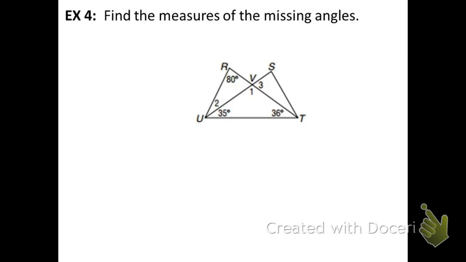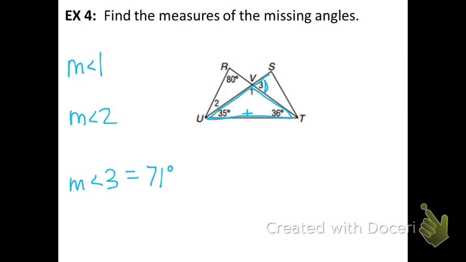It says find the measure of the missing angles. So we are missing the measure of angle 1, 2, and 3. When I look at this, I can see a triangle here and an exterior angle with angle 3. And I know that by using the exterior angles that I can add my two interiors, and that will equal 3. So I'm going to find 3 first by adding those two together, and it's 71 degrees.